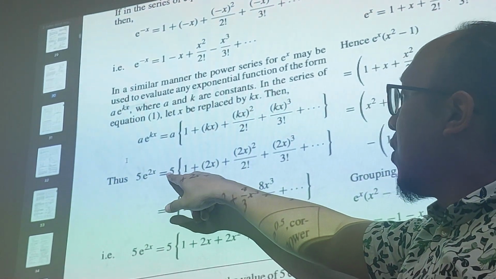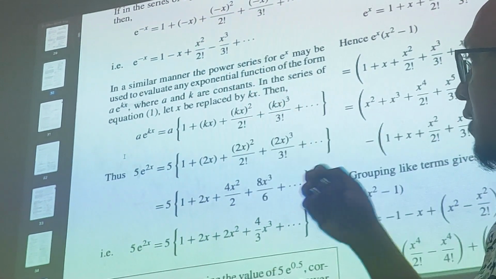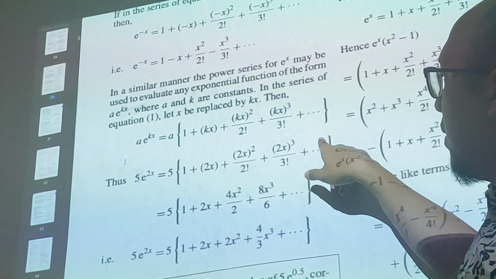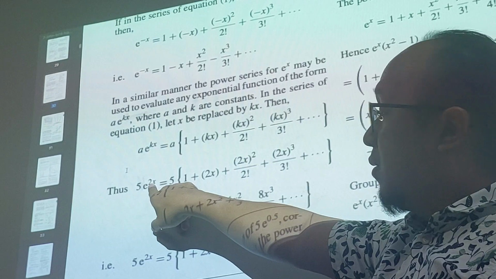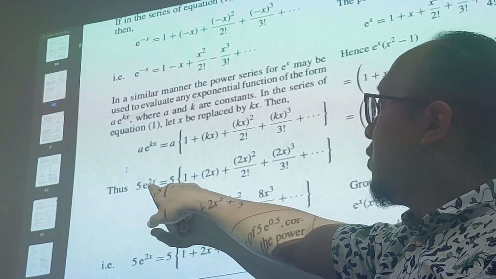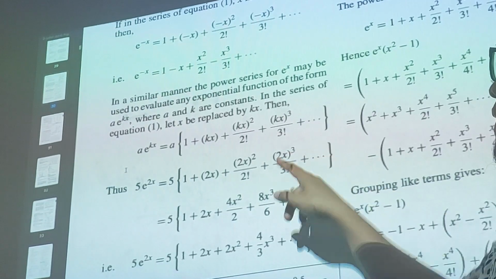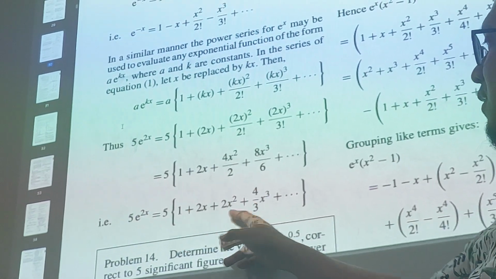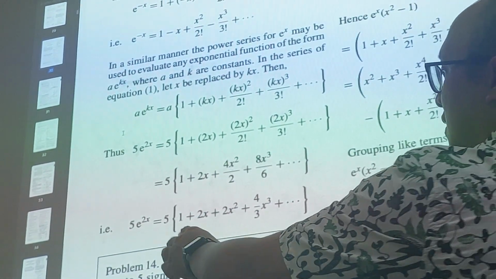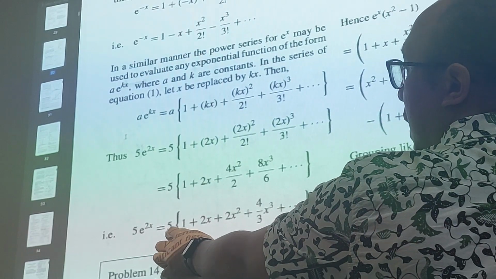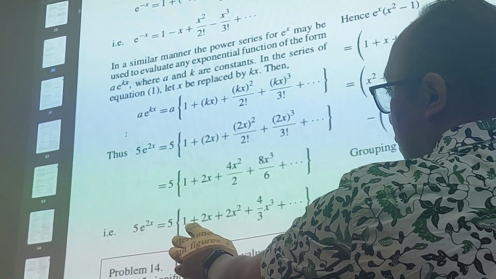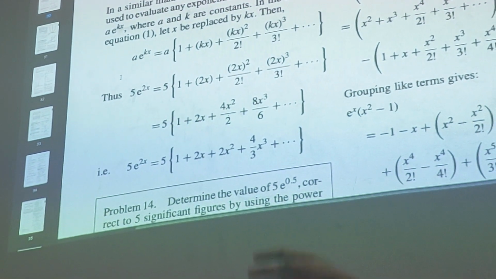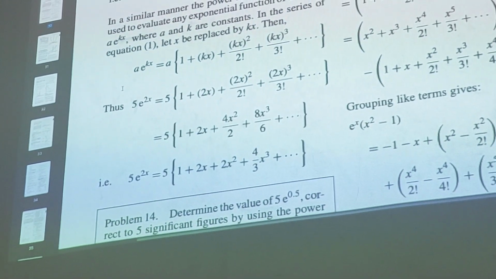Put 5 in front, give a big parenthesis, then write the basic function of e to the power and substitute all x with 2x, and then you will get the basic function. If you want, multiply 5 by each term, and you will get the function.